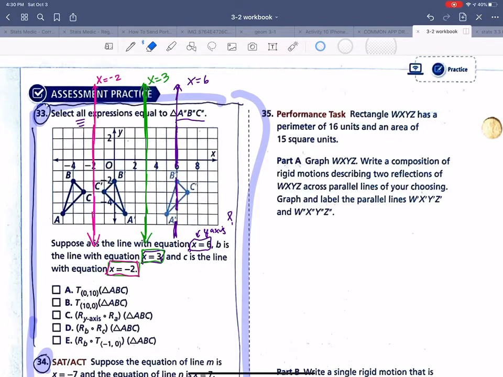This is the location of A double prime, B double prime, C double prime. Okay, so would it be the same as if I translated it 10 up? If I translated my original one 10 up, I'm going to be up here. So that's a big no.